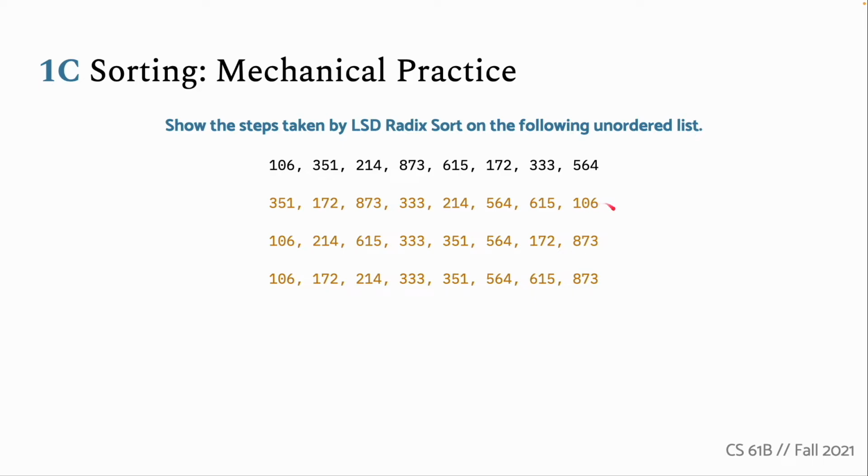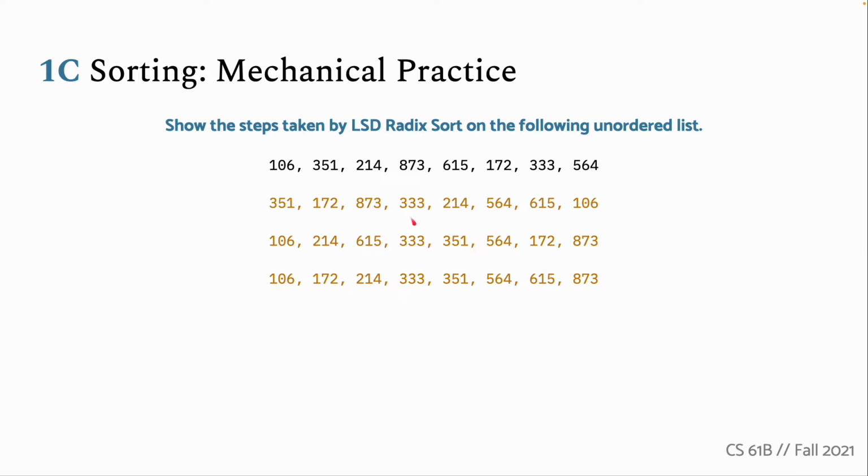And now we're going to sort by the second least significant digit. So first, the only thing we have that's 0 is 106. And we have two different numbers that both have 1 as their second least significant digit. So we're going to go in order from left to right. So 214 goes first and 615 goes second because that's the order they were in the previous iteration.